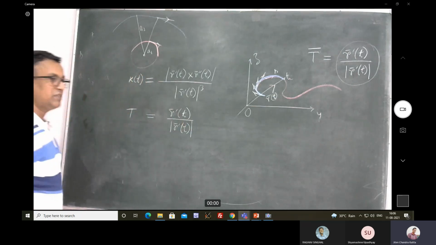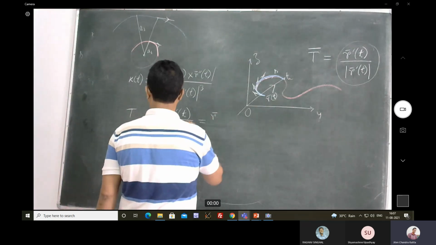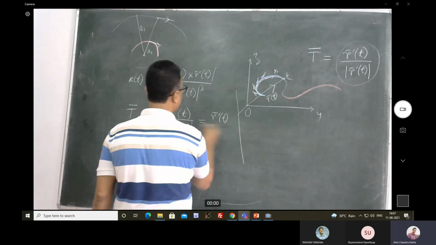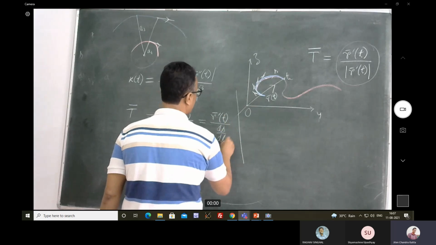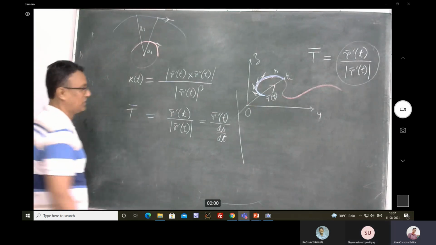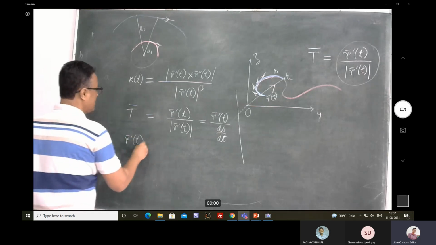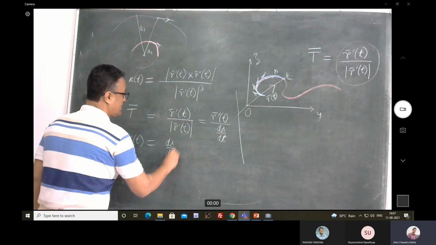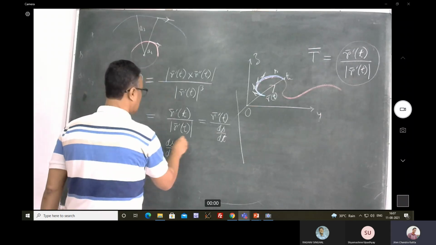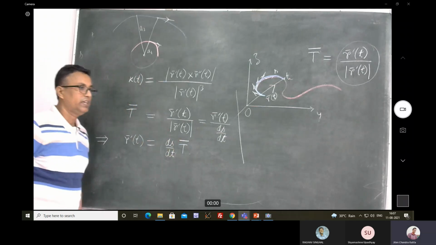And if s is the arc-length function, then you know that the magnitude of r prime t is simply ds/dt, isn't it? This we already know. So this implies r prime t is ds/dt into T. This is a scalar, this is a vector.